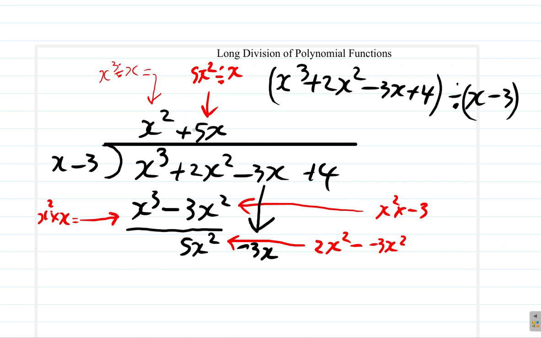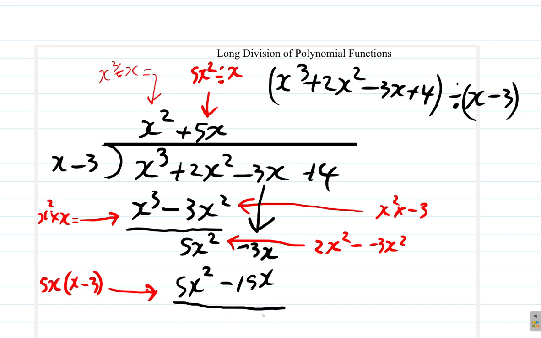Multiply 5x by x, we get 5x squared. Then multiply 5x by negative 3, we get minus 15x. So this comes from 5x times x minus 3, and this is what we have. Alright?